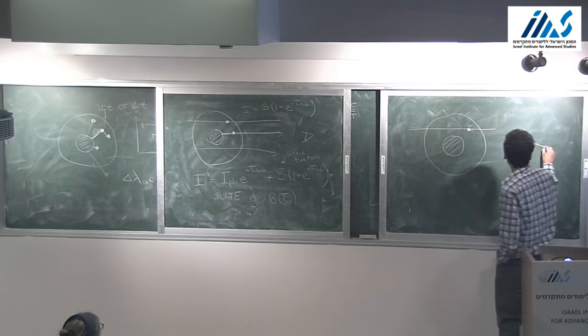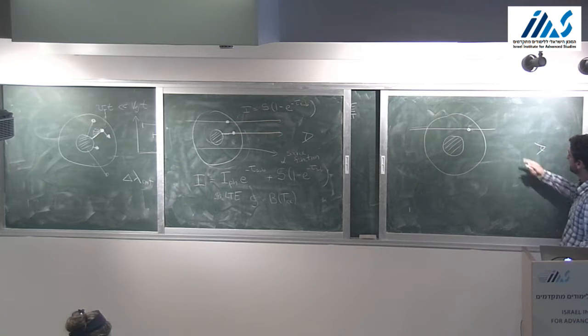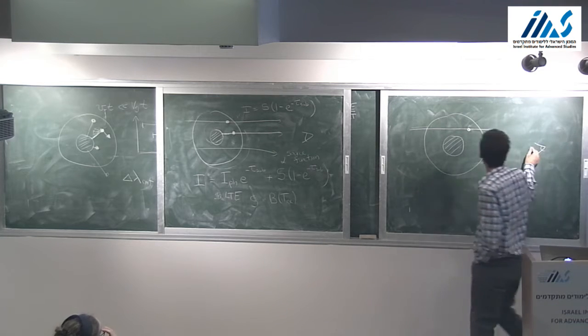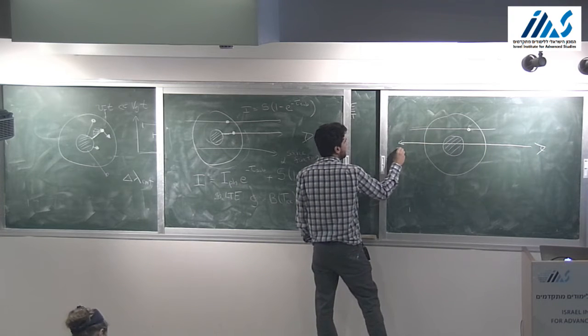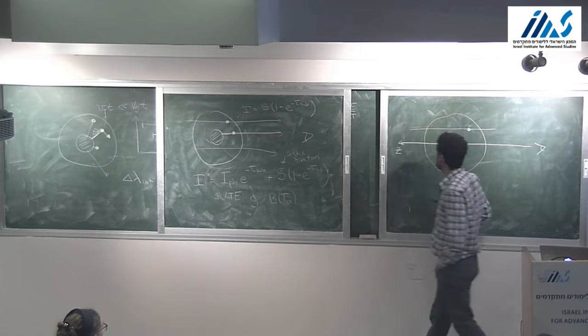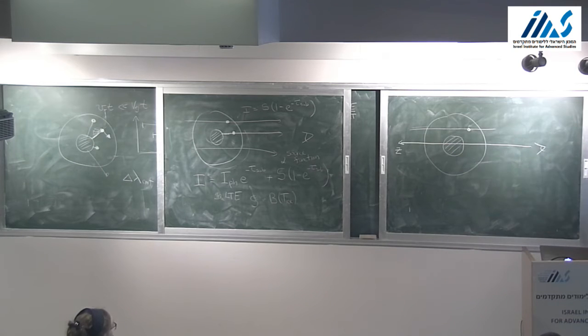Let's put the observer right here looking at this supernova cloud, and we'll define this axis as the z-axis, and by convention it's usually defined with z increasing away from the observer.